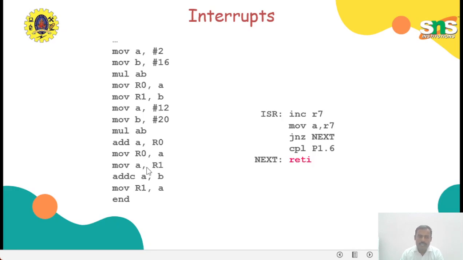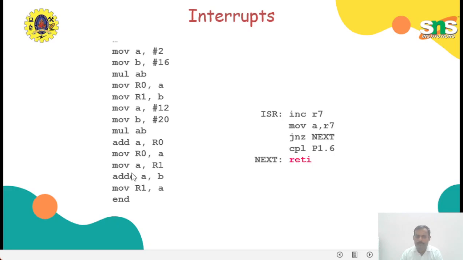Now MOV A, R1, that is the first multiplication's higher 8 bits. The second multiplication's higher 8 bits will be available in the B register. That's why I am going to perform this: once MOV A, R1 is done, I use add with carry. I am not using ADD, because ADD means only an 8-bit addition.